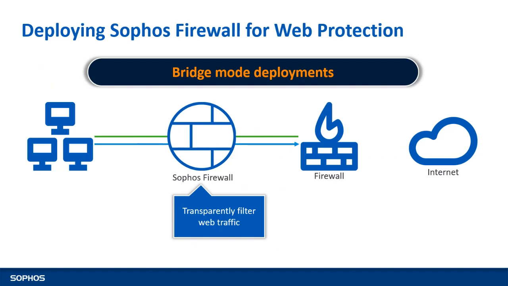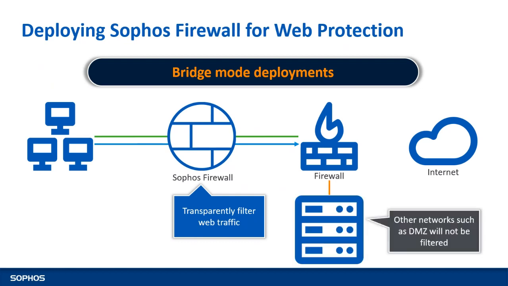In the scenarios where the firewall would not be the primary network gateway, there are two deployment options. The first one is to add the firewall to the network in bridge mode, allowing it to transparently filter the web traffic. This is a good solution if the existing edge device will not be replaced.